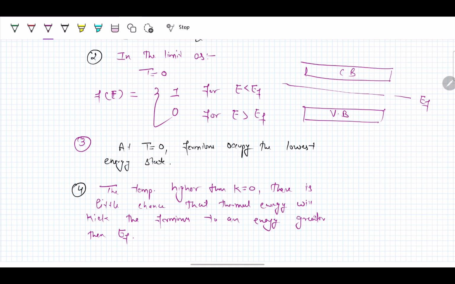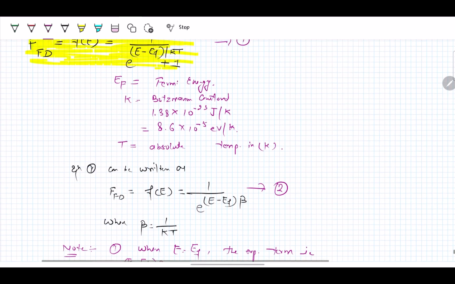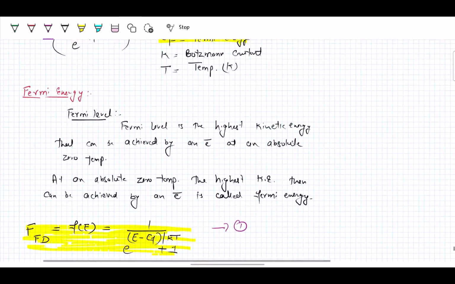If the temperature is greater than absolute zero, there is a chance that thermal energy will kick the fermions from the valence band to an energy greater than EF, so they will move to the conduction band. So this is about Fermi energy and the Fermi level.